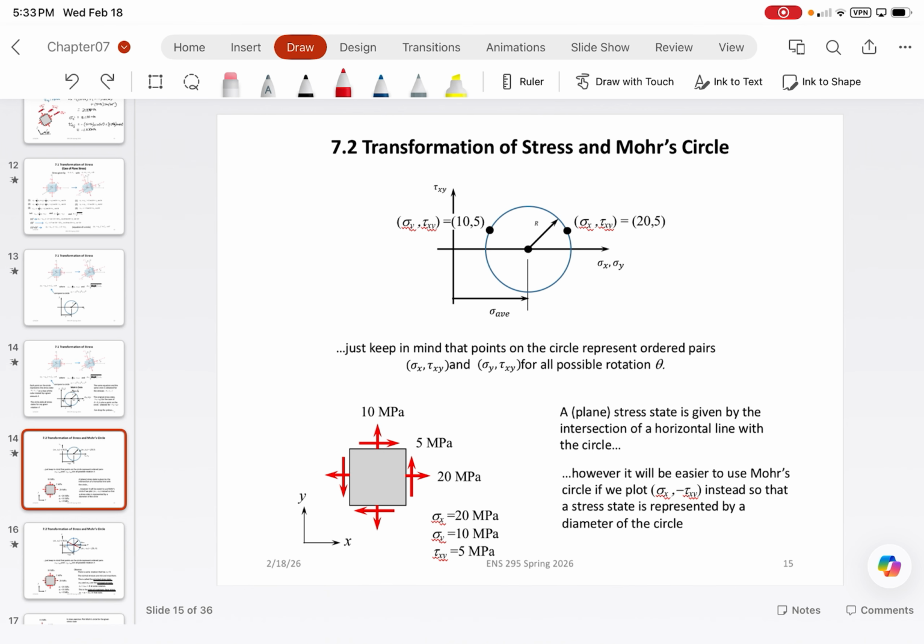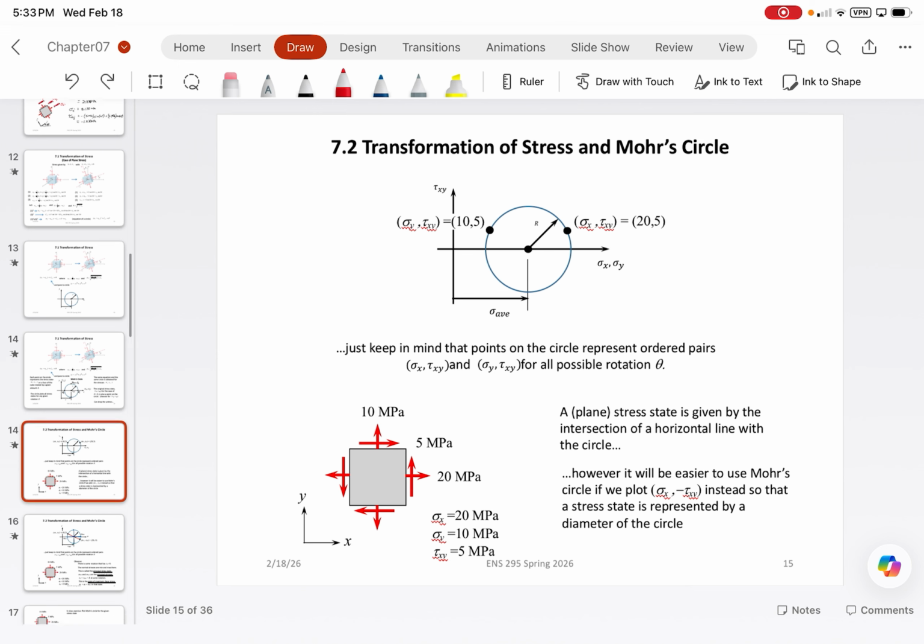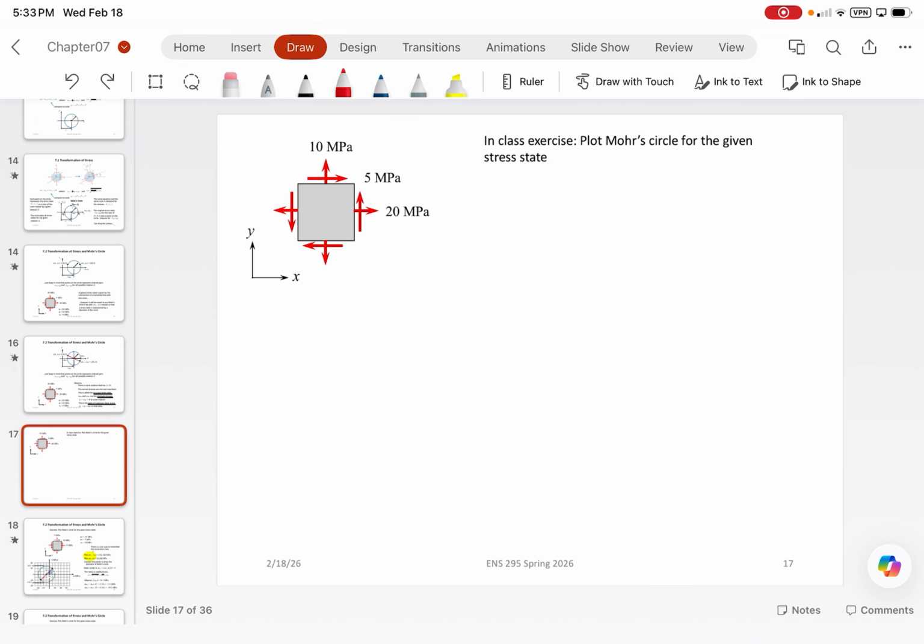All right, so this is just going to be an example that I want to do, just to show you guys how we basically use Mohr's circle, right? So we're going to use the same exact problem that we previously had, all right? And one of the things that we need to do is first understand the important coordinates of the circle.